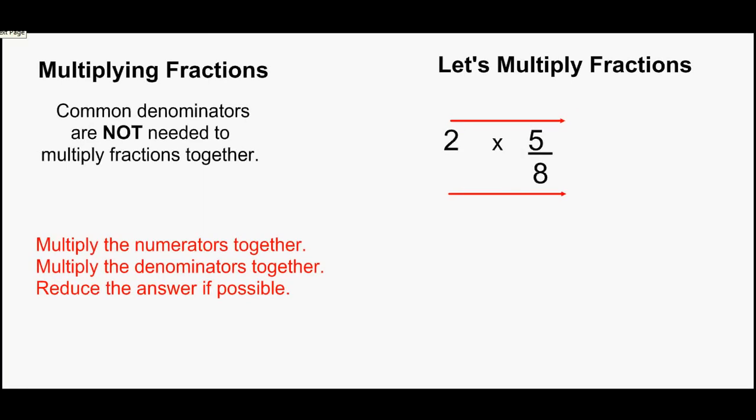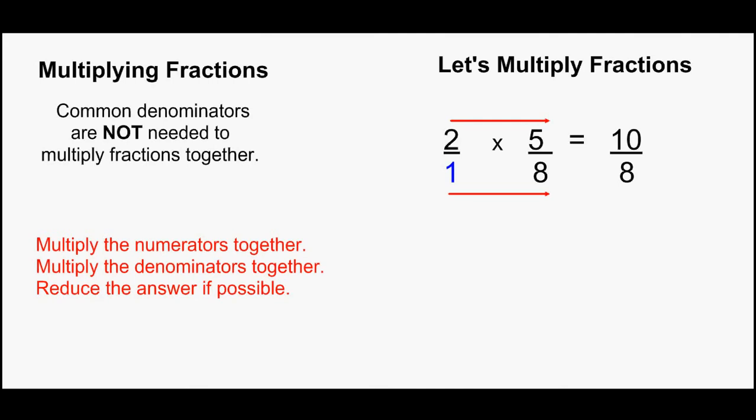A whole number, such as 2, can be multiplied by a fraction. 2 times 5/8 can be written 2/1 times 5/8. Now follow the steps. Multiply the numerators together. 2 times 5 is 10.